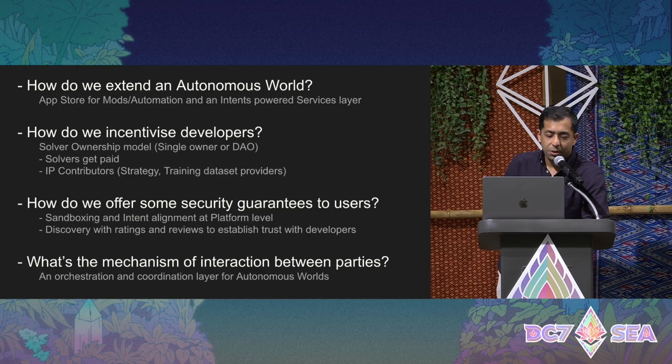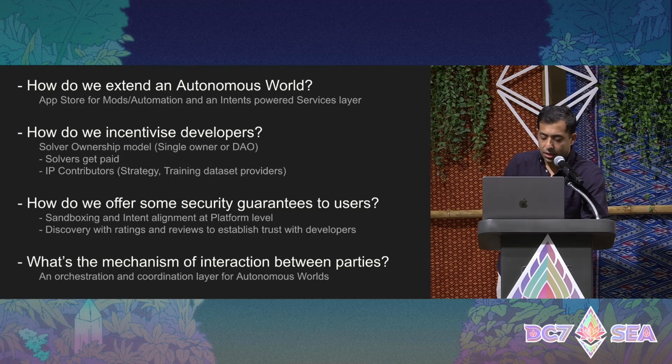And how do we offer some security guarantees to users? We spoke about things like sandboxing and intent alignment at the platform level, along with discovery with ratings and reviews to establish trust with developers. And then we will need an orchestration and coordination layer to manage interaction between all these different parties.